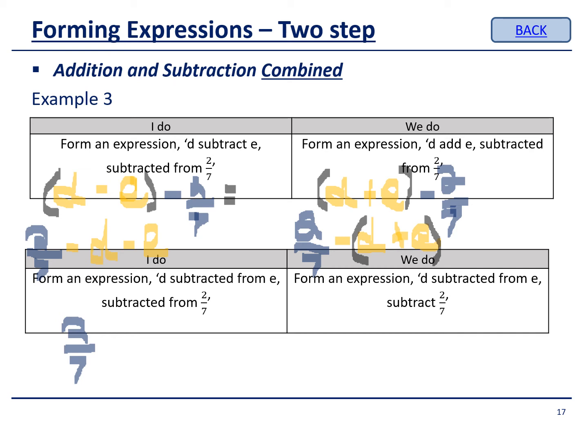So we need subtract E, subtract D, and again, just to show how we read it, that would go in the brackets. D subtracted from E is what we can see in the brackets, subtracted from 2/7 is what we can see on the left. Sorry, I've messed my colours up. There's the amber to show the terms.